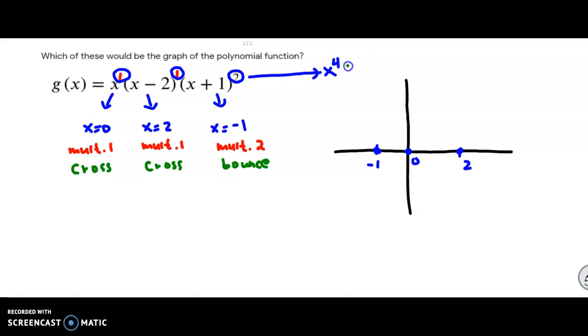For instance, what if x is 10,000 to the fourth power? That's a very large number. It's a positive 10,000 raised to the fourth power. That's going to be a very large positive number, which means it's approaching positive infinity.